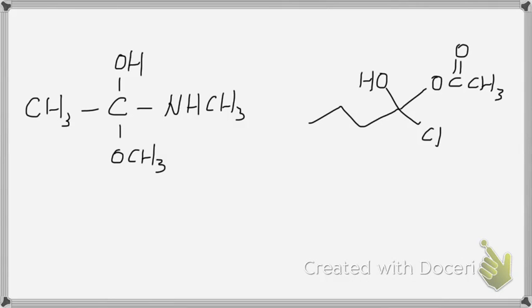Now the question is, will CH3 leave, or OCH3 leave, or NHCH3 leave? Okay, so one of them will leave and the rest will stay, and that will be your product. Alright, so think about this and try to get your products from these two tetrahedron intermediates.